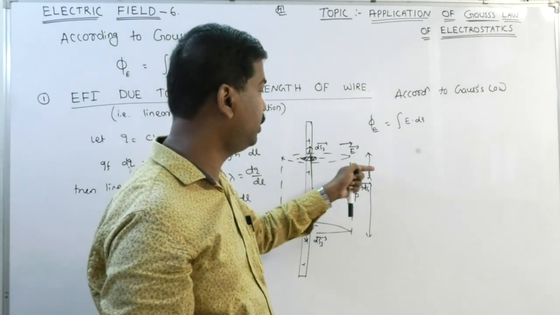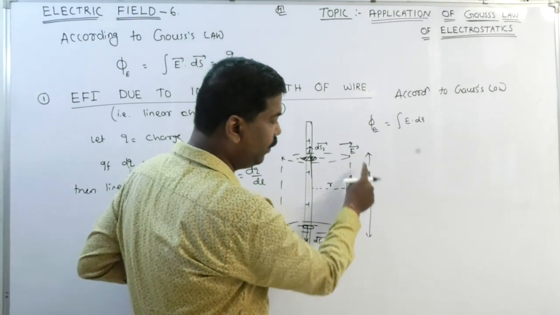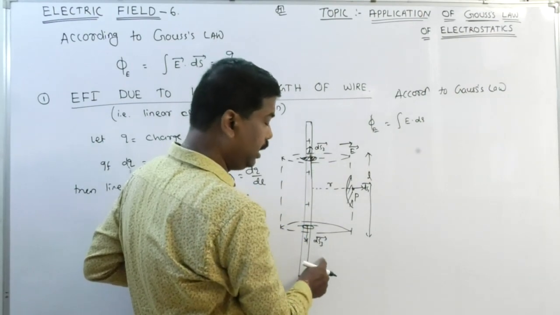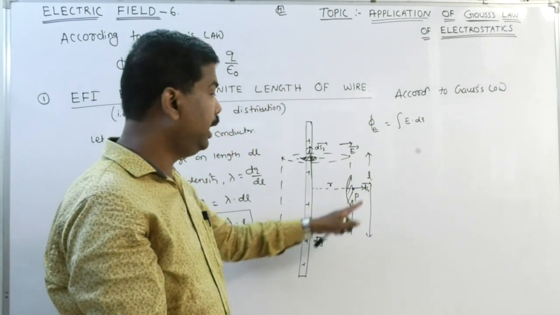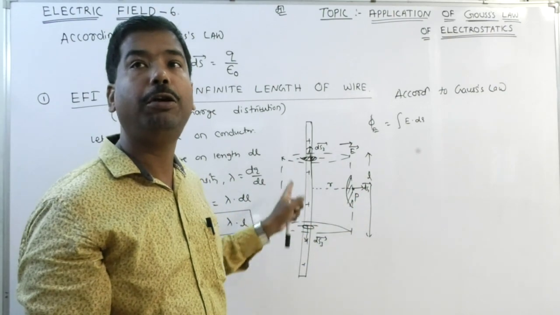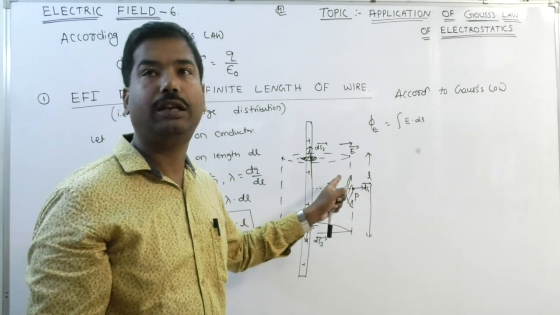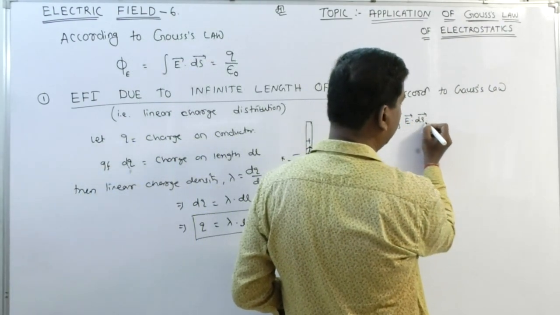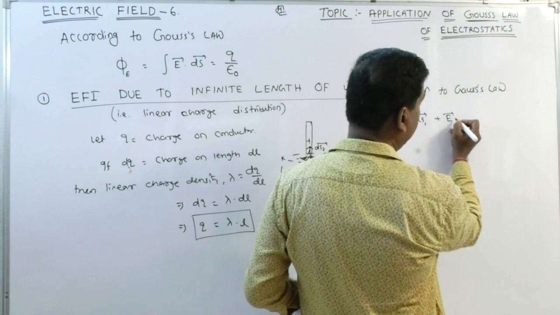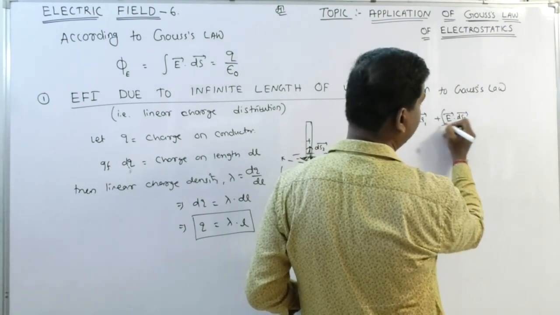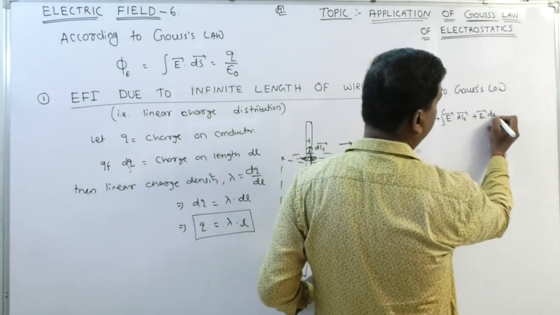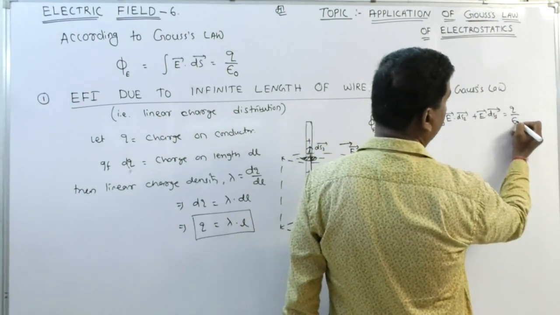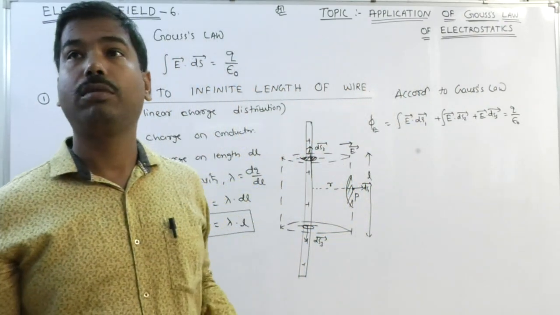It means E vector is parallel to ds1 vector, but E vector is perpendicular to ds2 and E vector is perpendicular to ds3. So if I count the total flux, I have to find the total surface integral of the electric field. So E vector dot ds1 vector, plus E vector dot ds2 vector, plus E vector dot ds3 vector is equal to q by epsilon 0. That is Gauss law. Clear?